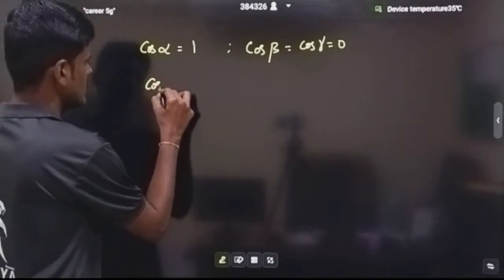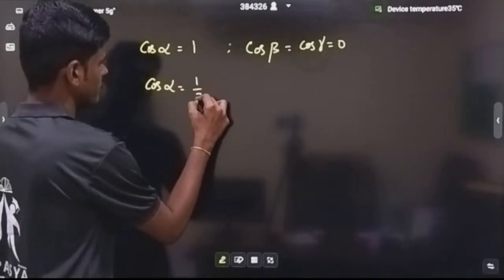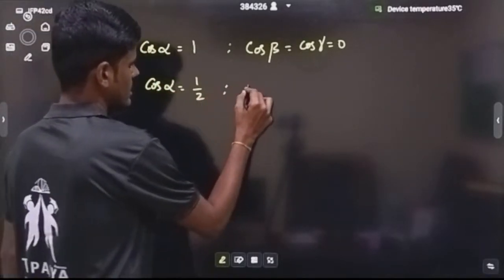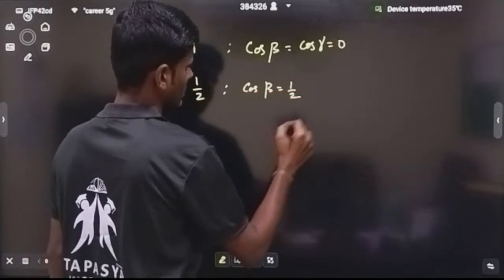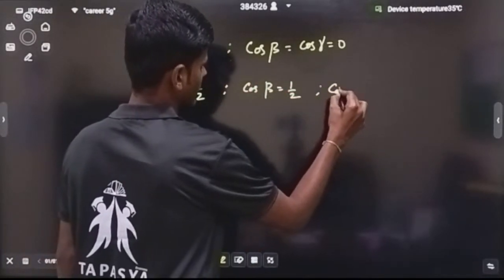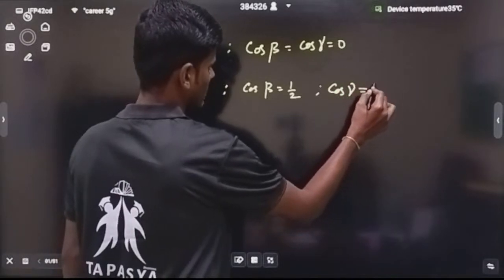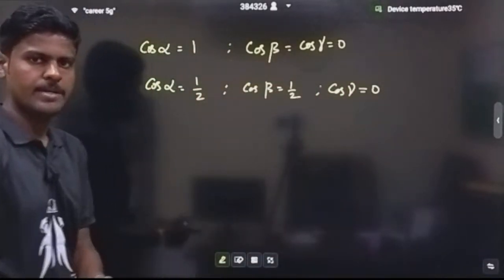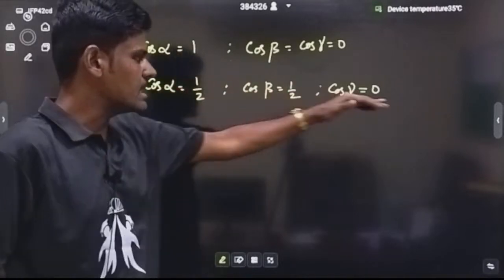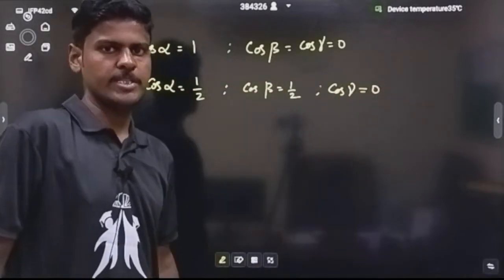Suppose we take cos alpha equal to 1 by 2, cos beta equal to 1 by 2, cos gamma equal to 0. Now will this vector lie in the given space or not? This point does not exist in the space. Why?